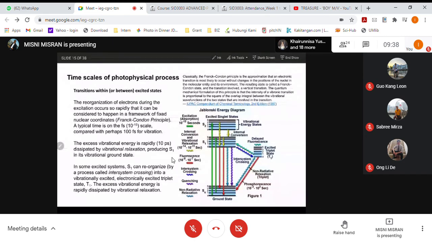The probability of this molecule absorbing the sunlight and getting excited, moving up to the excited vibrational state, and the possibility of undergoing intersystem crossing to the triplet state, and eventually coming down to the ground state.